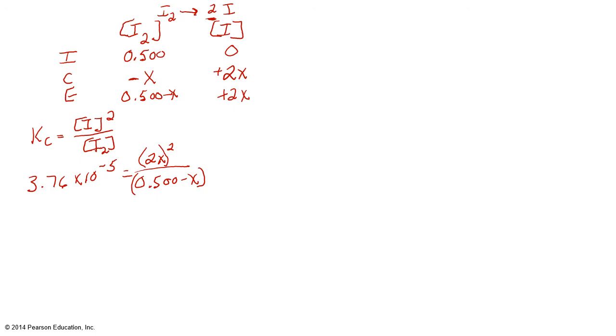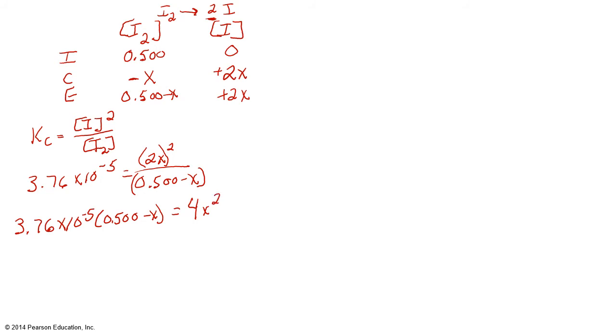So we're going to move the denominator over to the side with our equilibrium constant. And 2x squared, so 2 squared is 4, x squared.